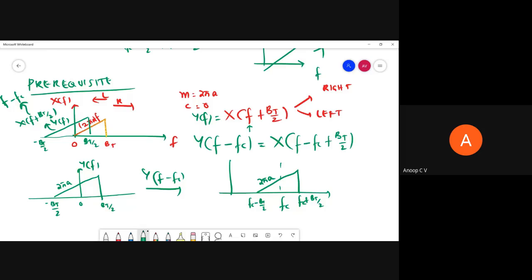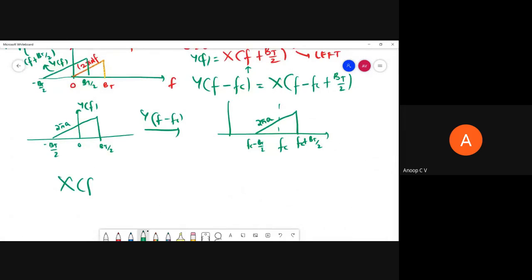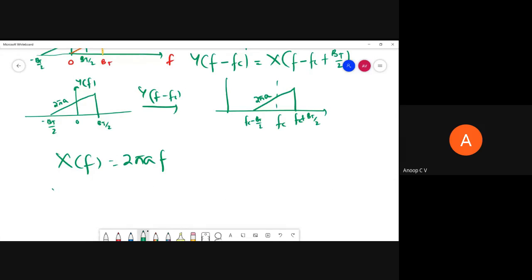So this was initially 2 pi af. Initially x of f was 2 pi a f. Now when I am replacing x of f with x of f plus bt by 2, if I am replacing f with f plus bt by 2, I should replace here also: 2 pi a times f plus bt by 2.